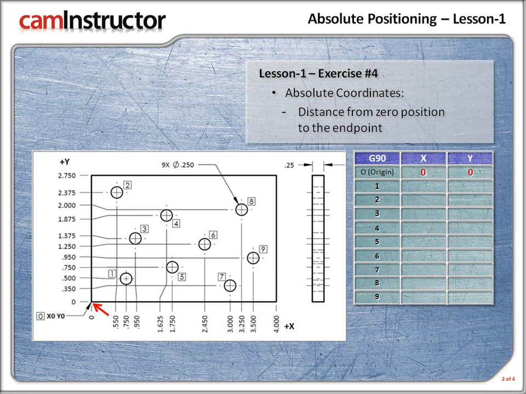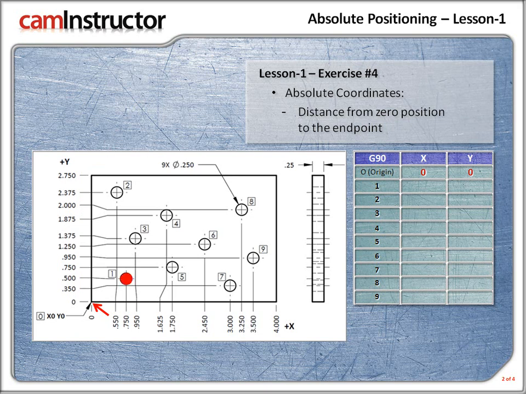Now the X-axis is running from left to right horizontally on the screen. The Y-axis is lying vertically, and the Z-axis is shooting along perpendicular to the screen. So let's work out the absolute coordinates for positions 1 through 9.